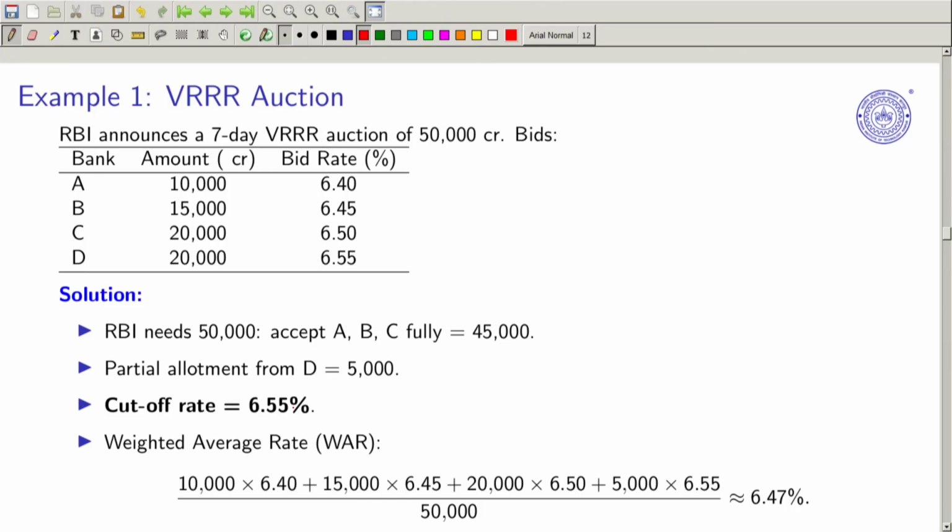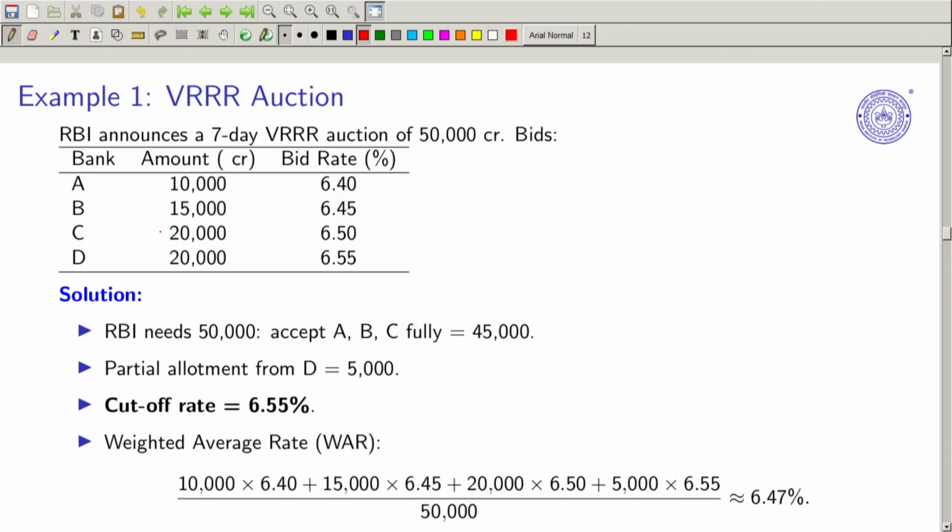Let us take the example of a VRRR, variable rate reverse repo auction. Suppose RBI announces a 7-day VRRR auction of 50,000 crore, and it asks for bids from the banks: please bid your rate at which you want to lend money to the RBI, or keep money with the RBI with collateral, because it is reverse repo.